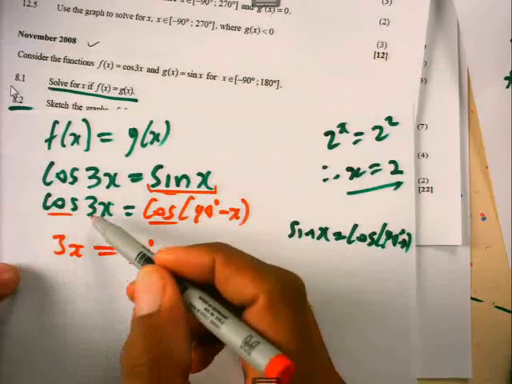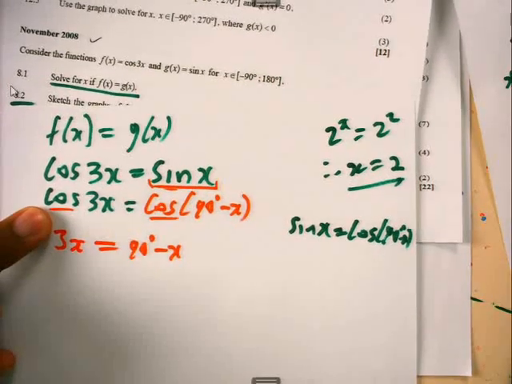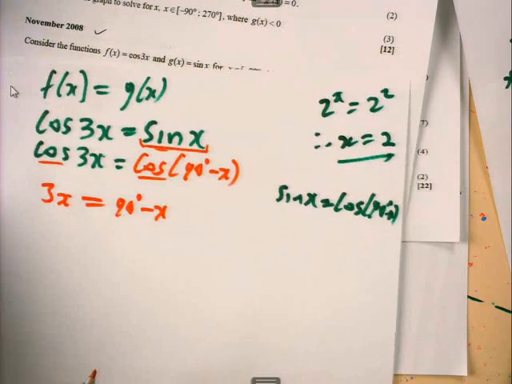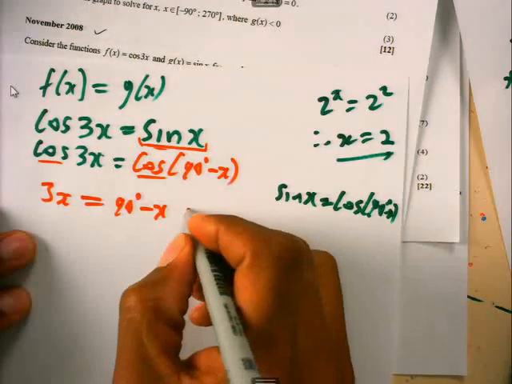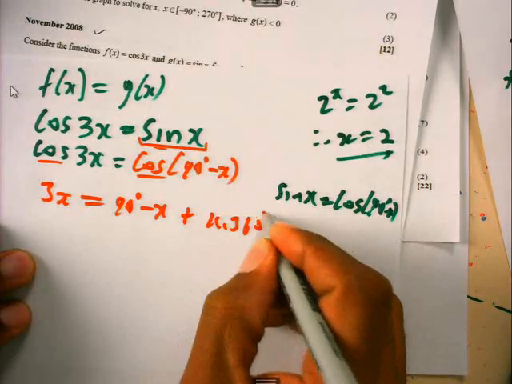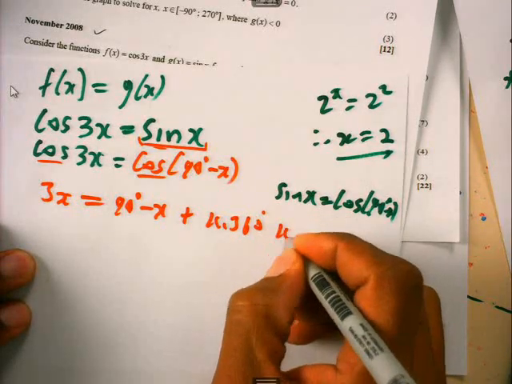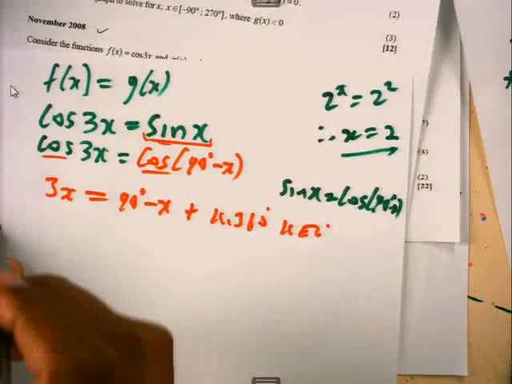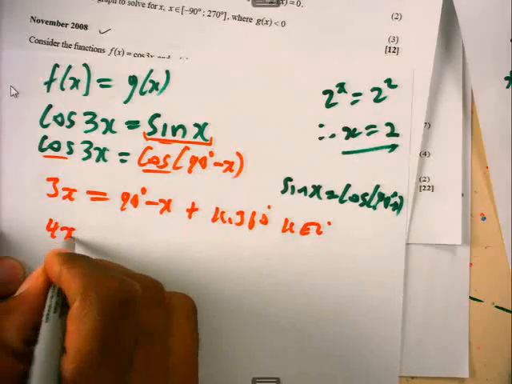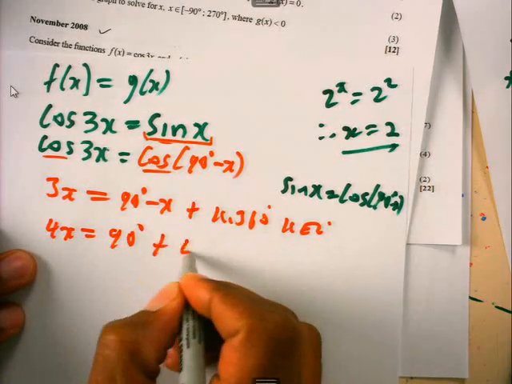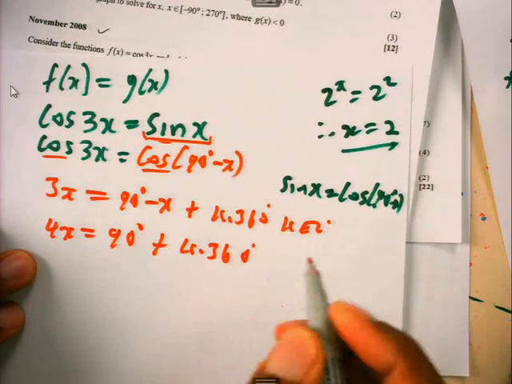Now, in which quadrant is cos positive? That is the first quadrant, right? Now, to determine the general solution, we add k times 360, where k is an element of the integers. I take this on the other side. That will be 4x equals 90 degrees plus k times 360.